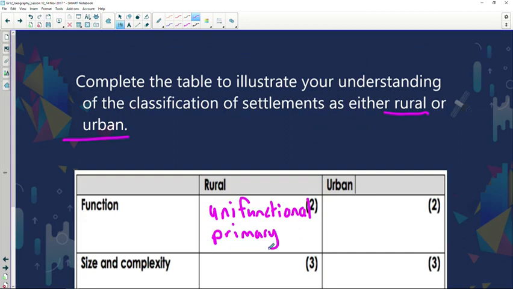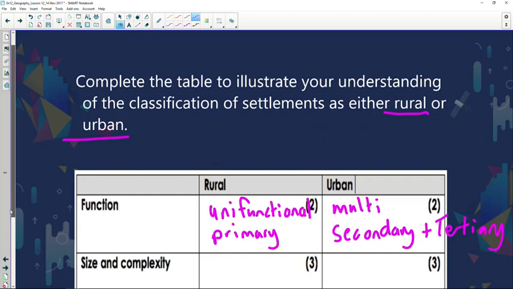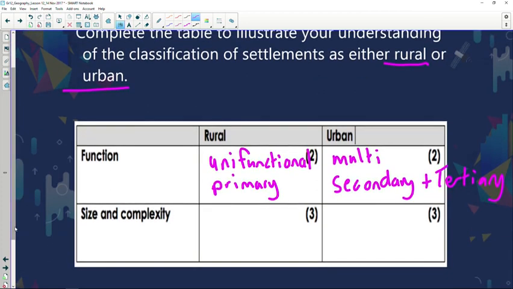When we look at urban areas, it's usually multifunctional, and it's where secondary plus tertiary activities take place. Okay, now if we look at the size and complexity, we looked at that in our previous activity. When we look at sizes and complexity of rural areas, it's usually very small areas. There's only a small amount of people living together.